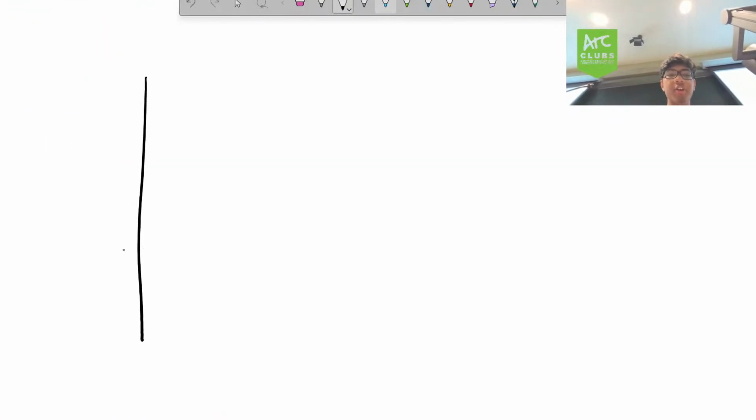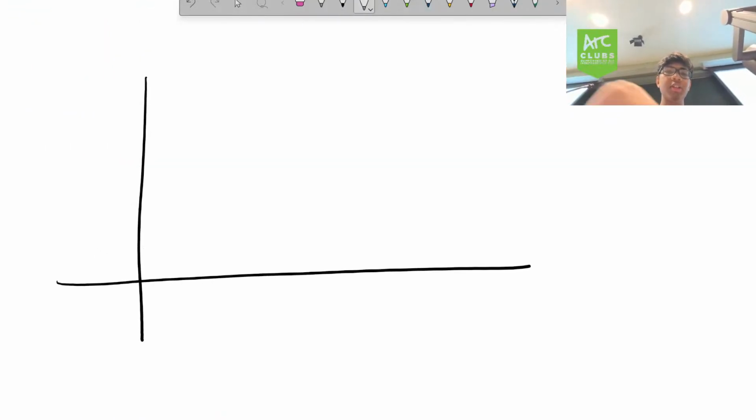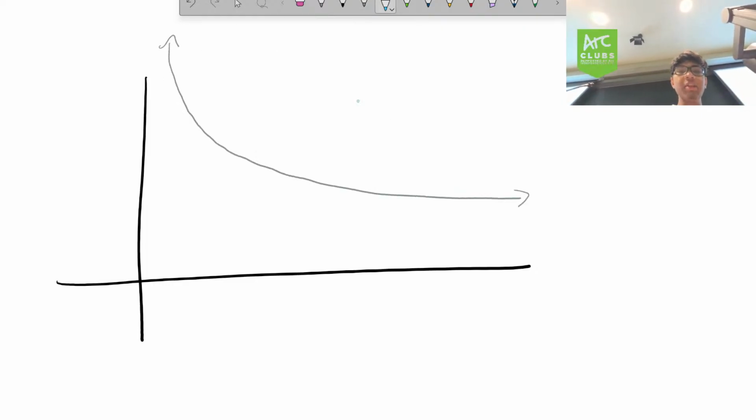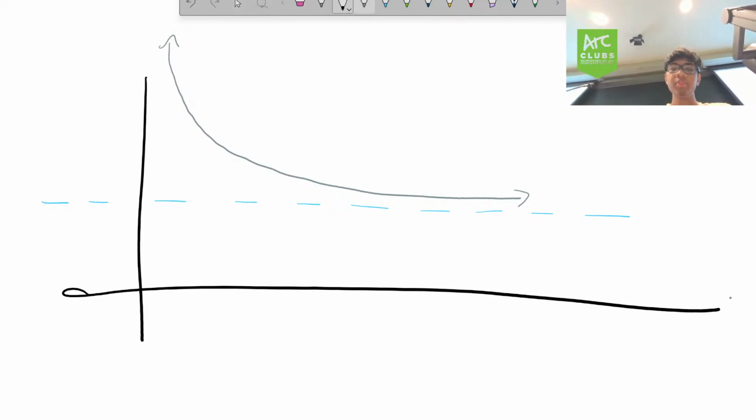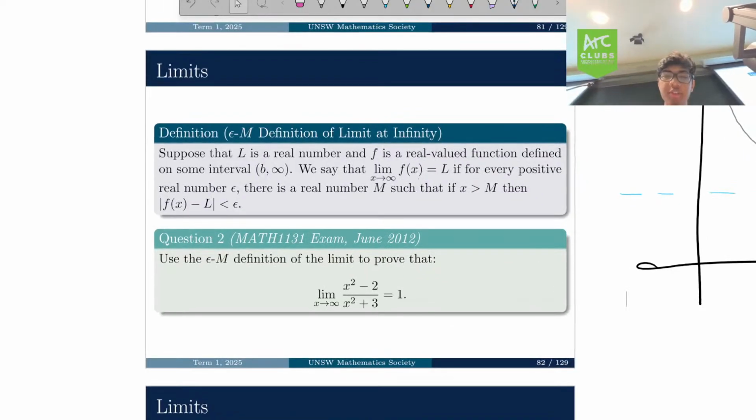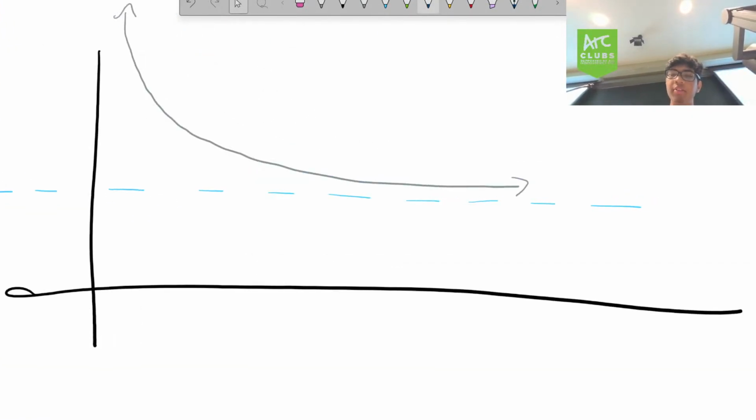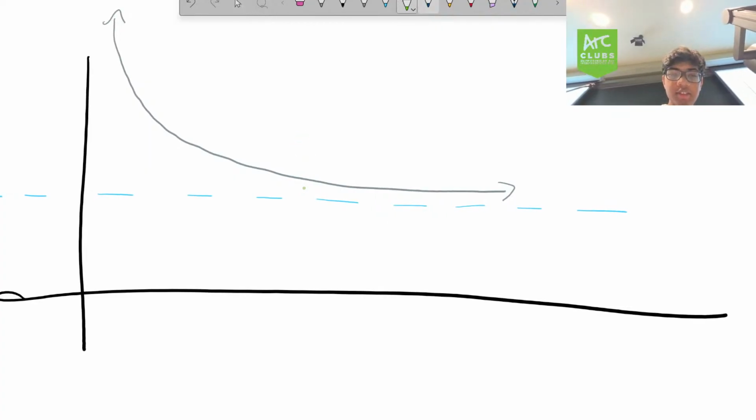If I have some function, and I'm going to do a really simple function, let's just do something like this. And I'm going to tell you the limit as x tends to infinity is whatever this value is right here. I don't know what this is, I've just drawn an arbitrary line. So what this is saying is that for some epsilon away from L, let's say epsilon is this, and it could be either side, so I'll draw it up and I'll draw it down.